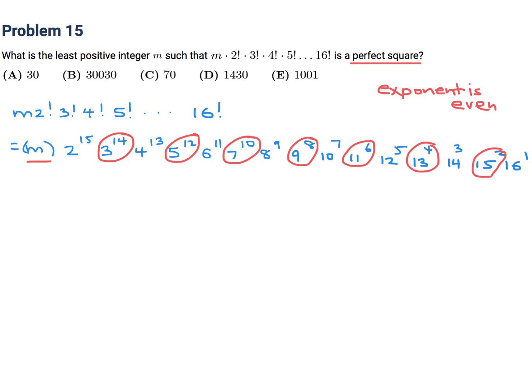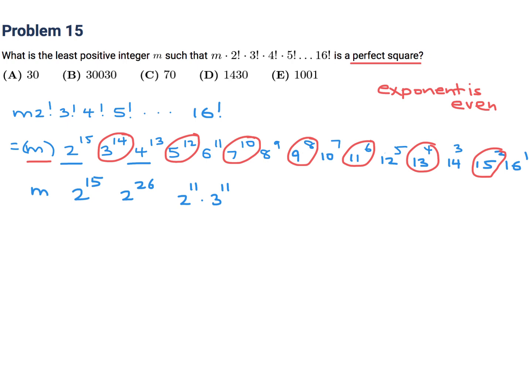So I've got to combine them though. This 2 to the power of 15 is already in its basic factorization. But the other ones I have to make. The 4 to the power of 13 is really 2 to the power of 2 to the 13, so that would be 2 to the power of 26. The 6 is going to break up into 2 to the power 11, 3 to the power 11.